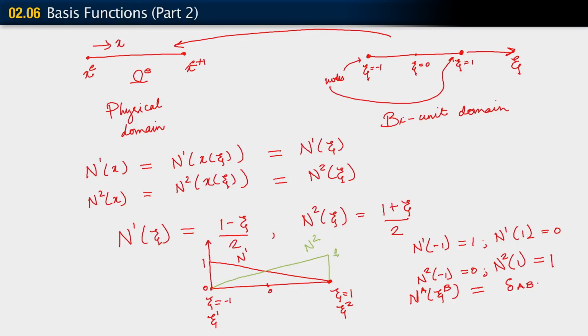And you know what the Kronecker delta does: it is equal to 1 if A equals B, and it's equal to 0 if A is not equal to B. The basis functions that we have described here have the so-called Kronecker delta property.